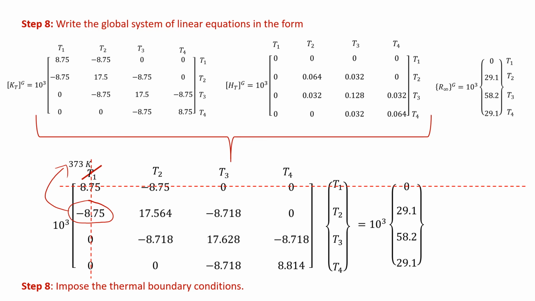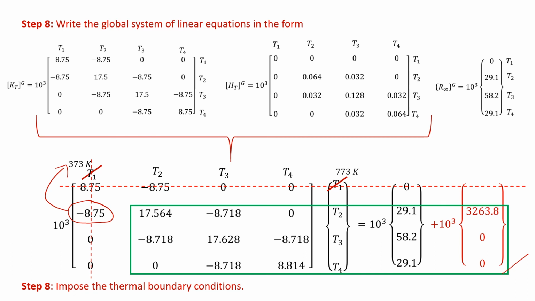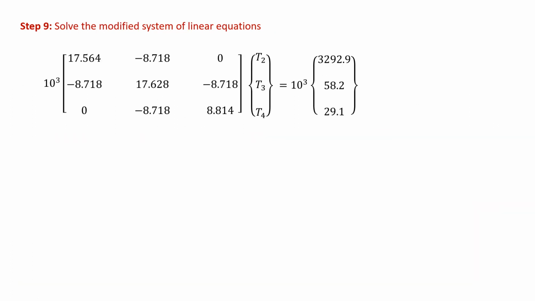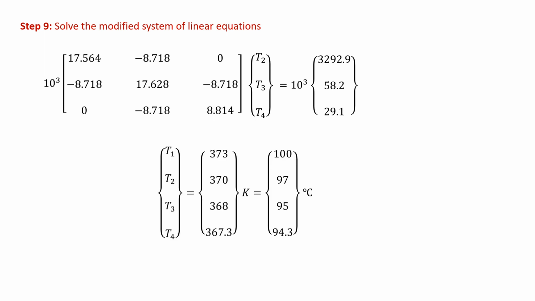When we bring it to the right side, the value will be positive, as shown here. Then we just consider those values in the green box. Once we have modified our system of linear equations, finally we can solve this problem by using a calculator to calculate the unknown nodal temperatures, as shown in this slide.